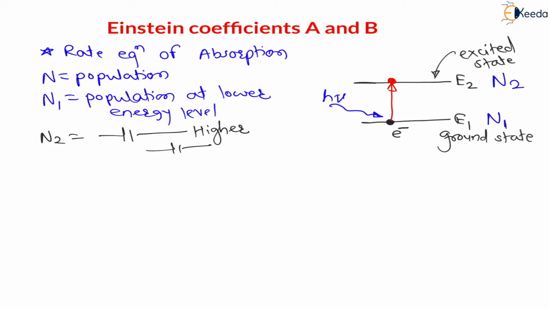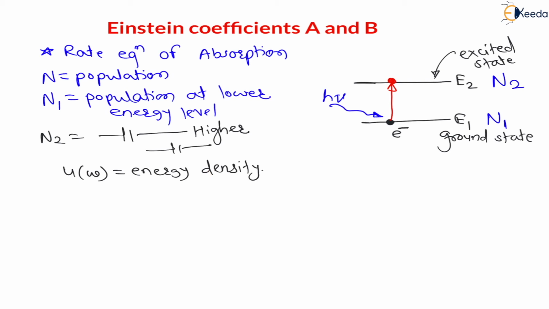Right. Now here I am using one more notation: U omega is nothing but energy density. But my dear students, it is an external energy density. If external photon energy is given, there will be an external energy density U omega.